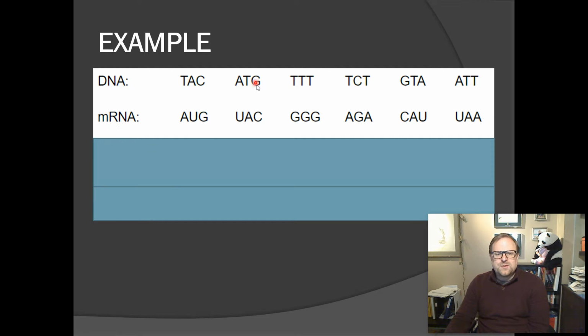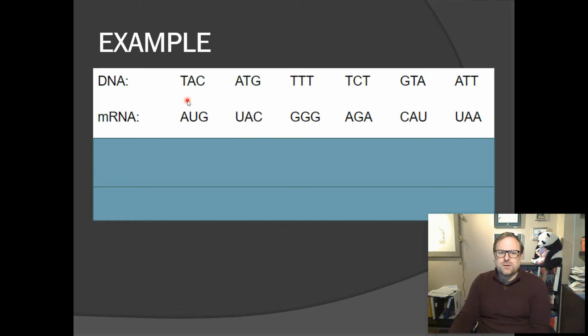All I've done is break this up so you can see the codons. I'll often put the spaces in there for you in the actual question as well. So TAC is our first codon, our first three nucleotide sequence. When you're transcribing, you're turning that into the complementary strand in messenger RNA.